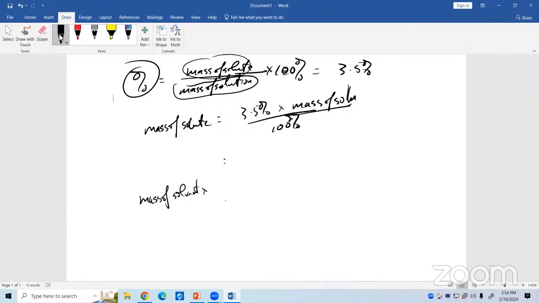And why would you do that? 100% divided by 96.5%. Because the final solution is a 3.5% mass solution. So the percentage of the solvent would be 96.5%.